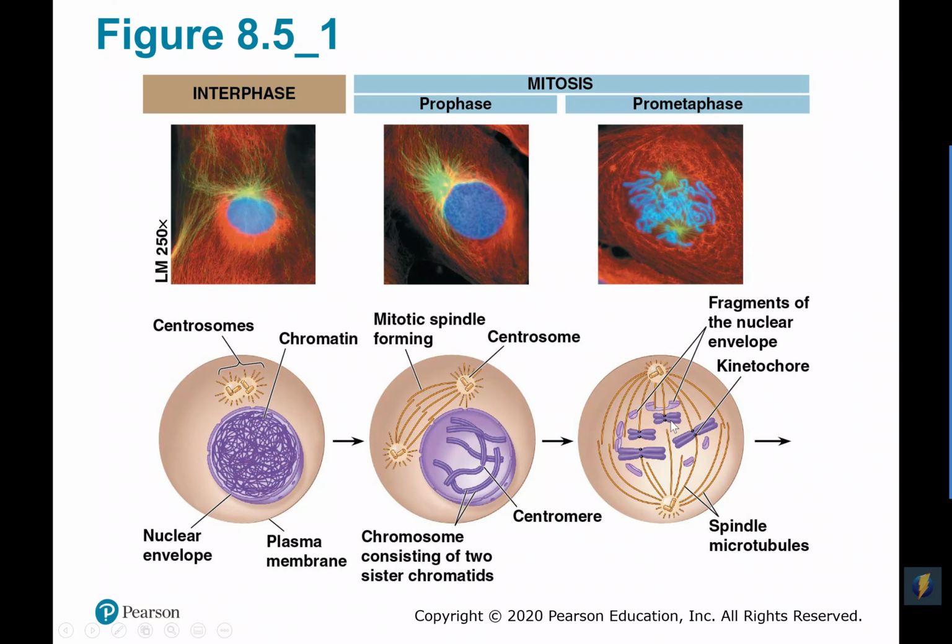In what we call prometaphase, you'll see the nuclear envelope start to fragment. The sister chromatids will attach at what are called kinetochores. Kineto means movement, to the microtubules.